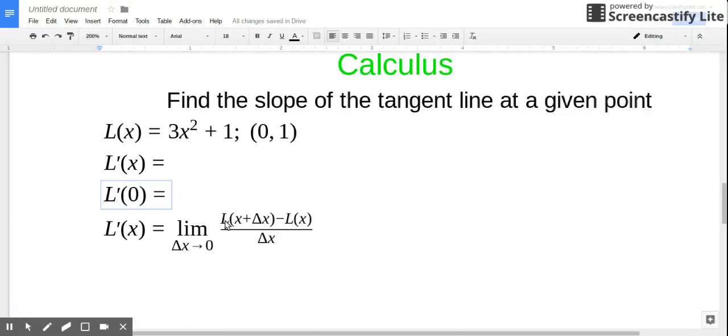Okay, so the first thing we want to find is this part right here, which is equal to 3, or not 3, 2. And then x plus delta x.